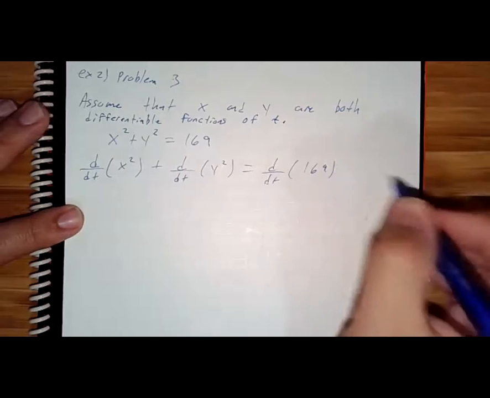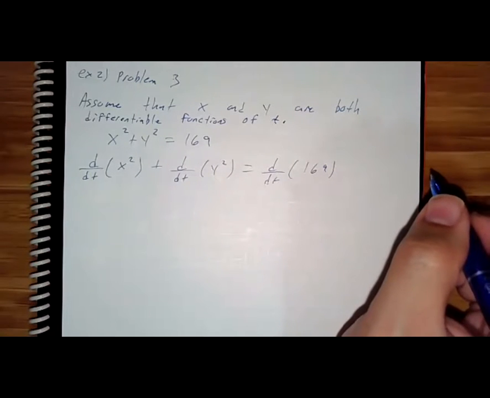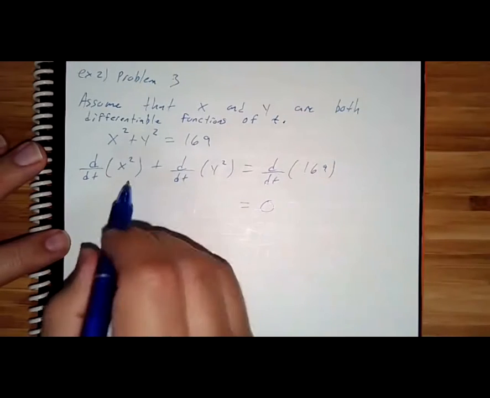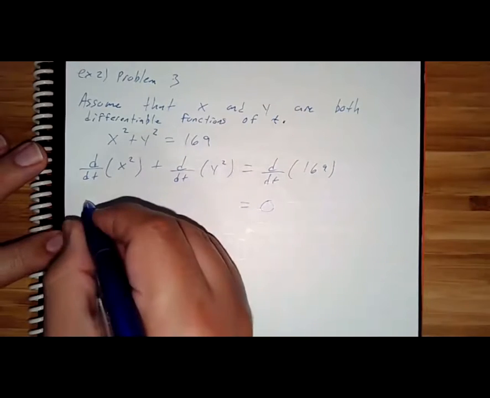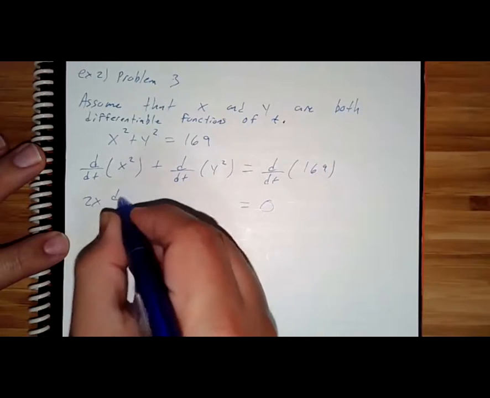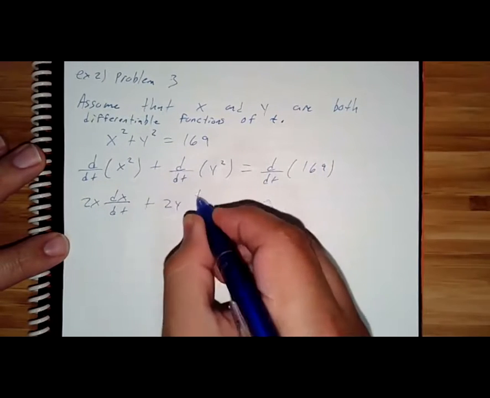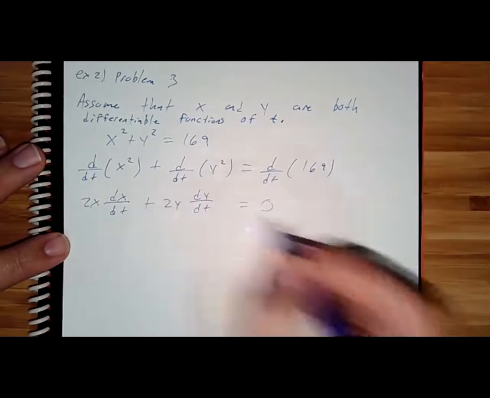169 doesn't matter. So that's going to be 2x dx/dt plus 2y dy/dt.